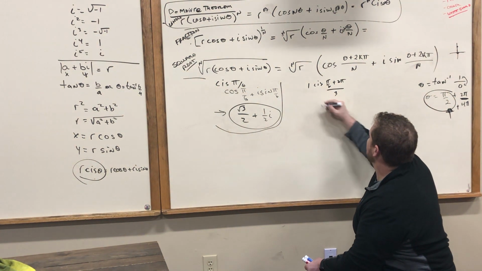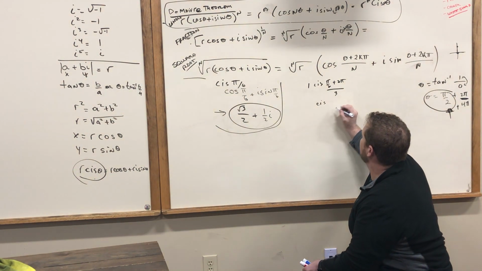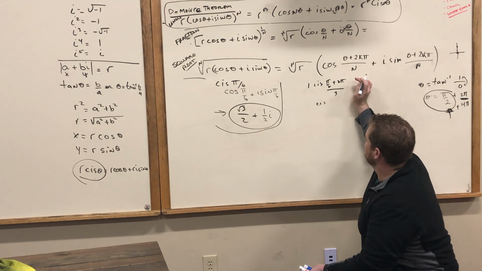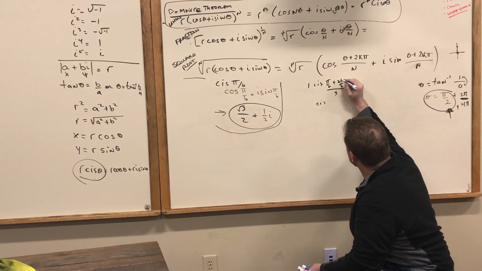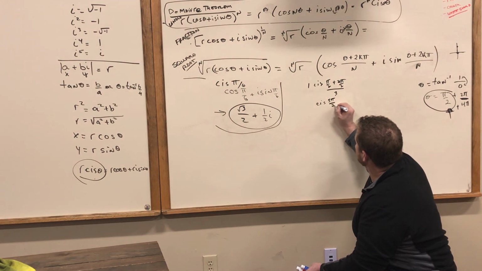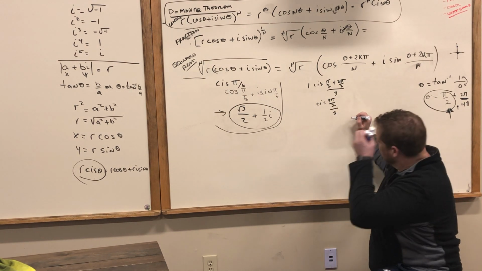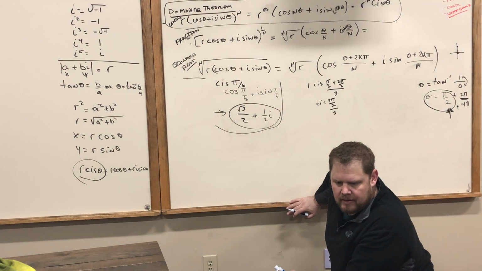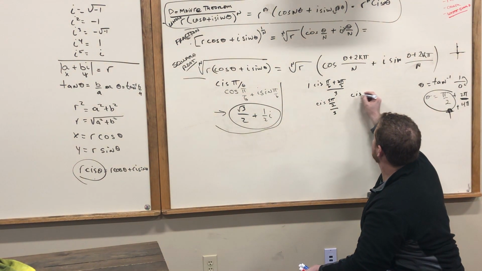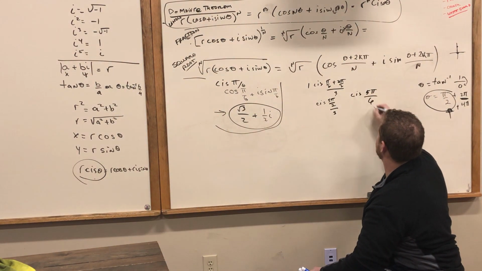When I simplify this, I'm left with CIS, well, it's going to give me 5 pi over 2 over 3, so that equals CIS 5 pi over 6.